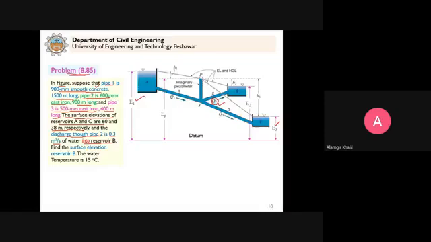And it is given that the flow is into reservoir B. Clear? Find the surface elevation of reservoir B. So it means that we have to calculate E2. This we have to calculate. The water temperature is 15 degrees Celsius, or centigrade.